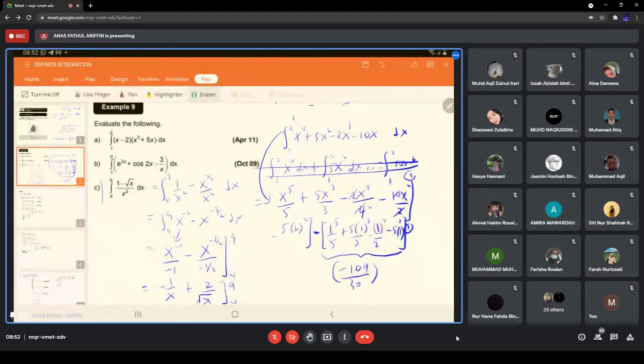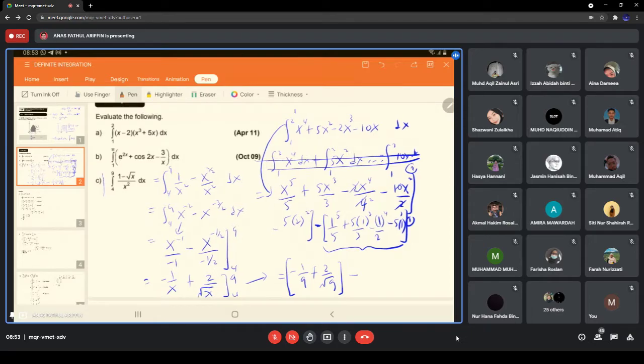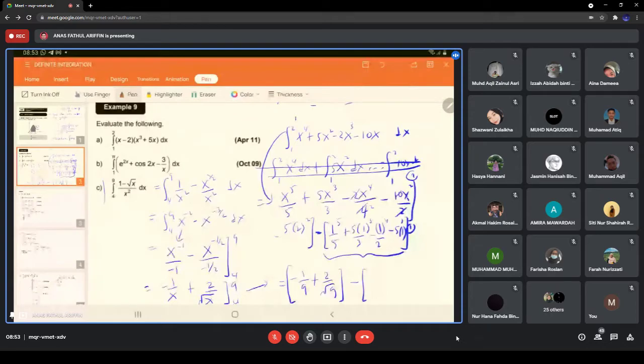Now we substitute. Negative 1 over 9 plus 2 over square root of 9. This one we minus with the lower limit 4. So we substitute x by 4: minus 1 over 4 plus 2 over square root of 4.